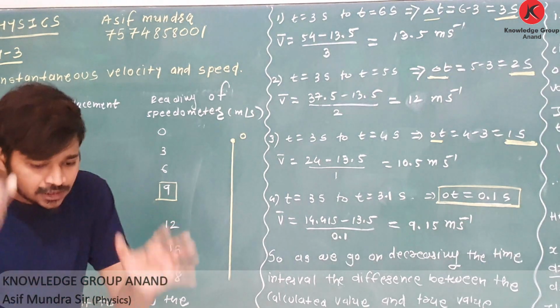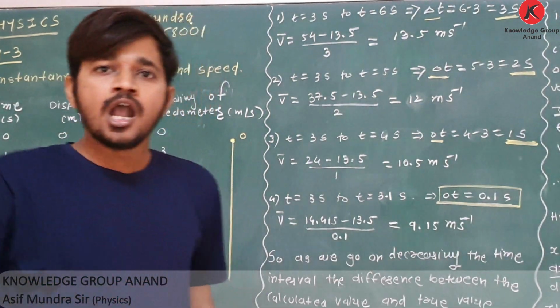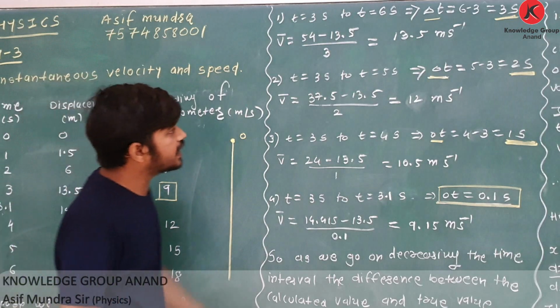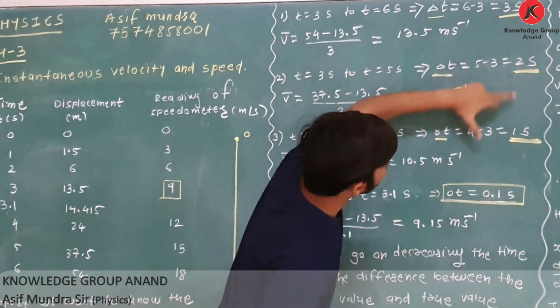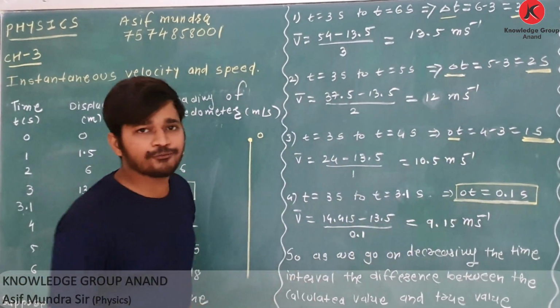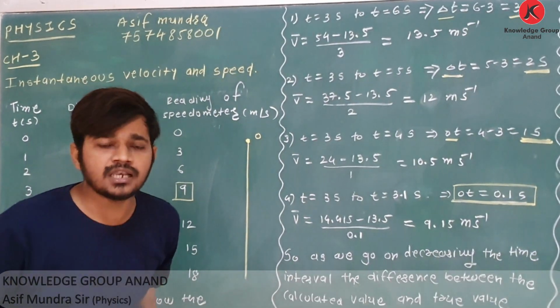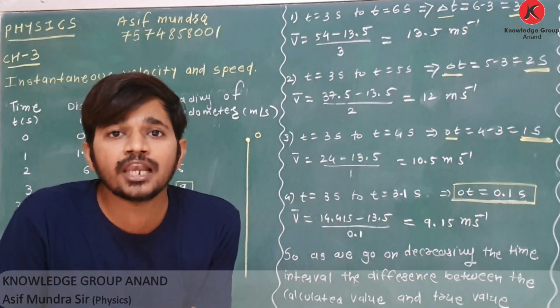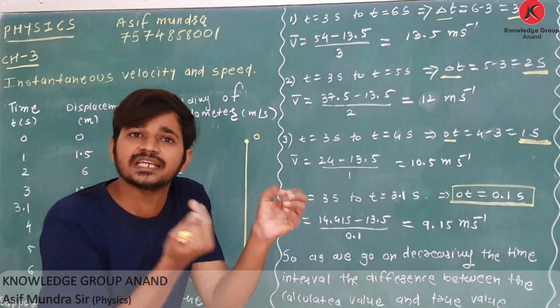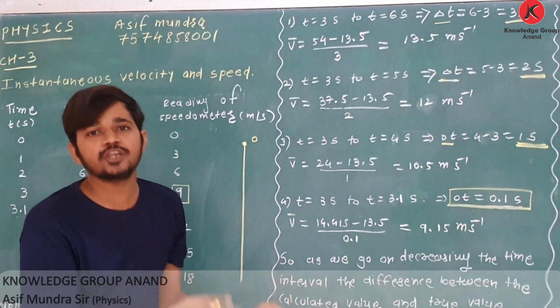Clear? So what is the conclusion of this theory? The conclusion is, if we decrease the time interval, the average value calculated becomes the instantaneous value.